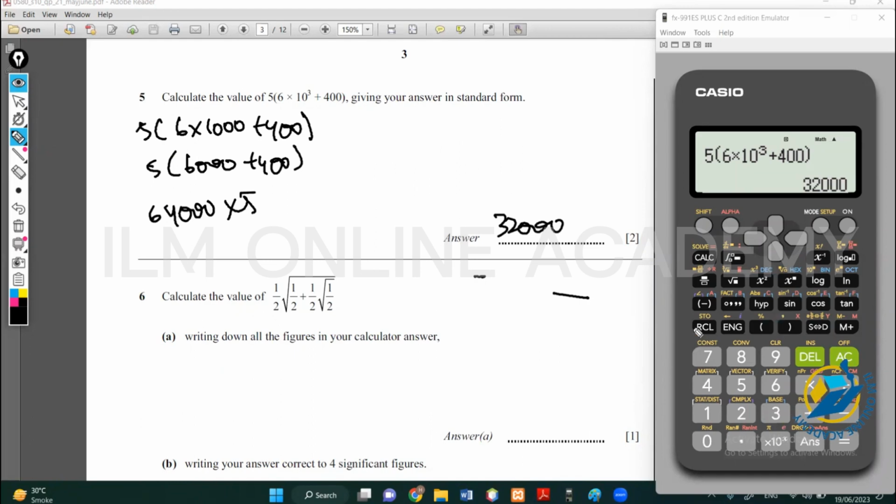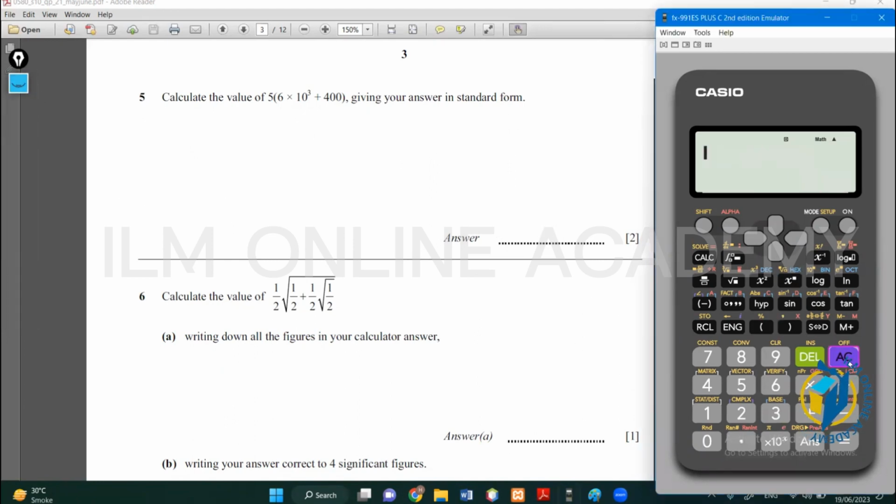You can also justify it. 6,400 multiplied by 5 is what? 6,400 multiplied by 5 is 32,000. I made a mistake in the zeros. So the answer is 32,000.